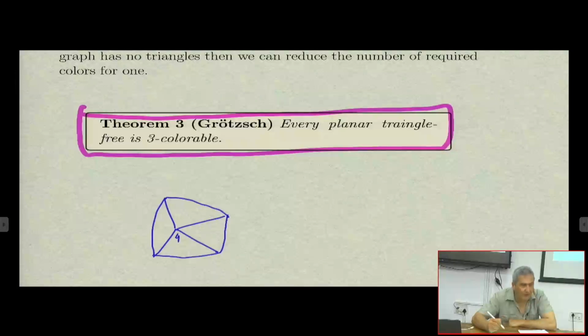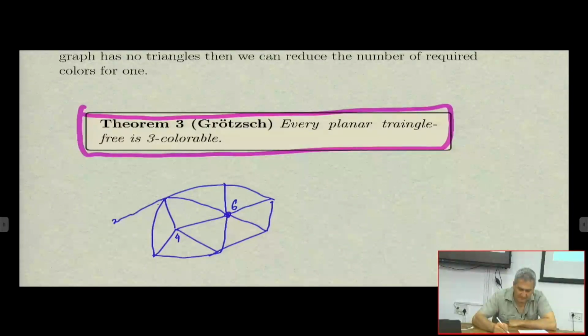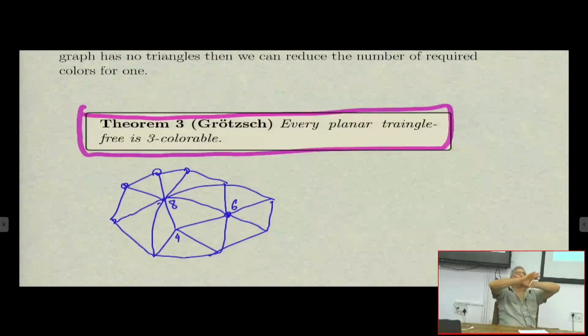It's degree 4. Okay, let's say this is degree 6. So this is degree 6. This is maybe degree 8. So we have all faces of size 3, it's a triangulation, but all vertices are of even degree.